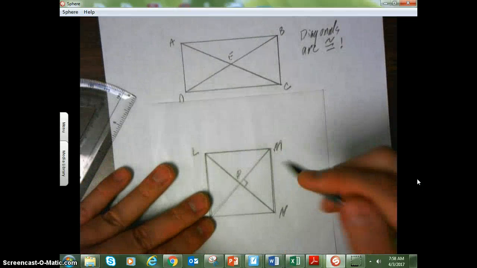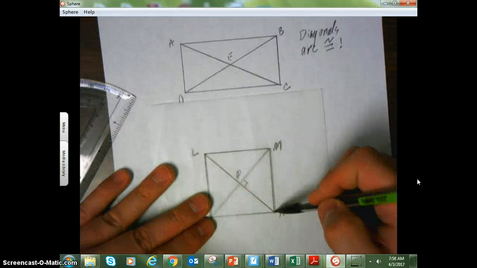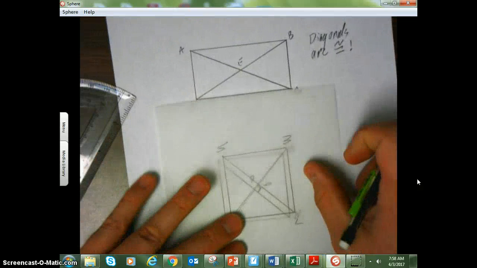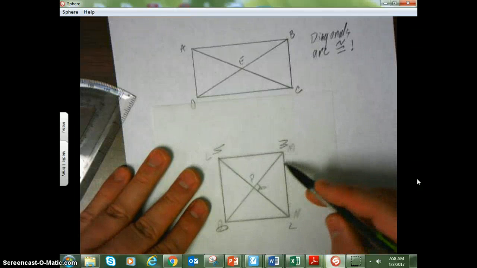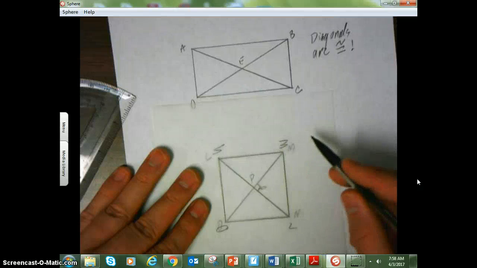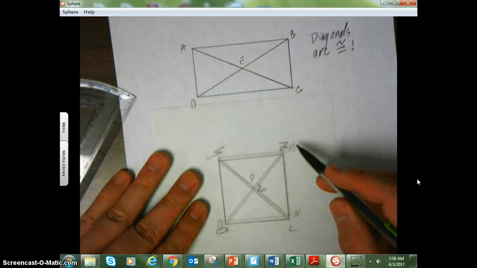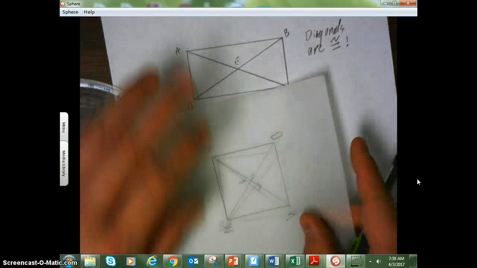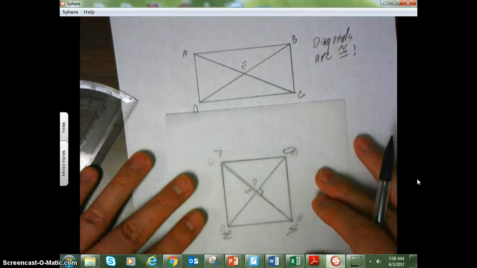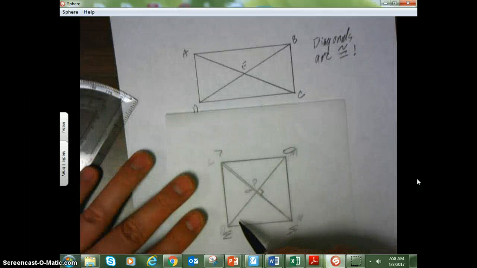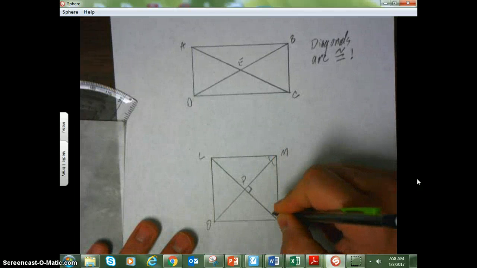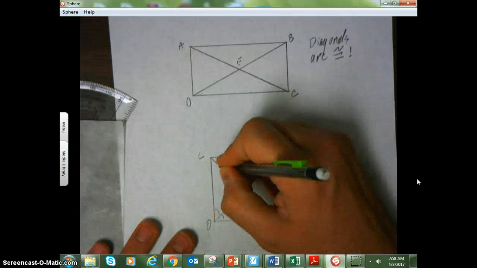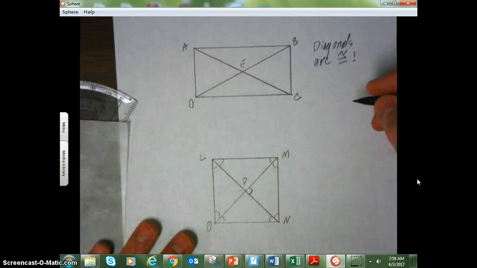So I'm going to take this point here, L, and move it over here to N and compare the angles, and we see that the two angles at L and at N are the same, and we can compare it here at M and O. So we can move it so that point M and O are lying on top of each other, and we see, yeah, these angles do get bisected by the diagonals.